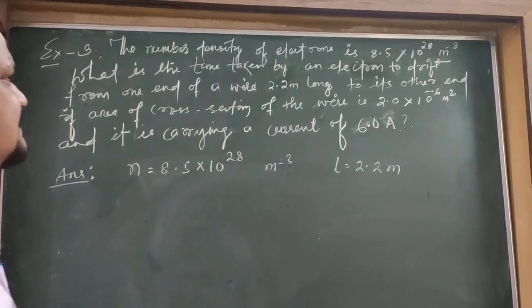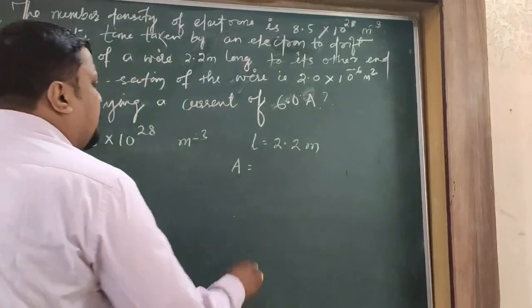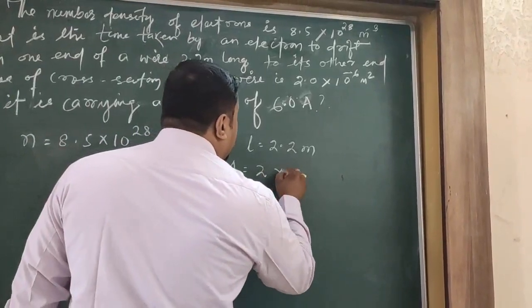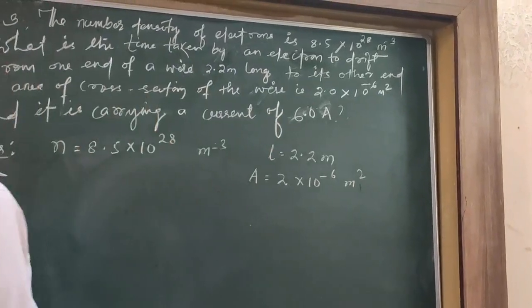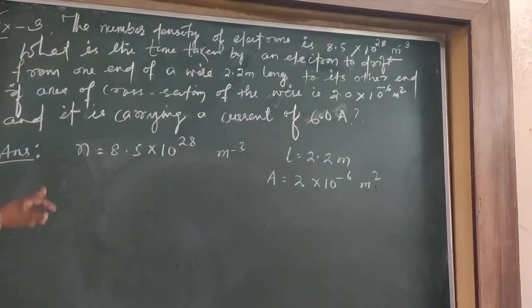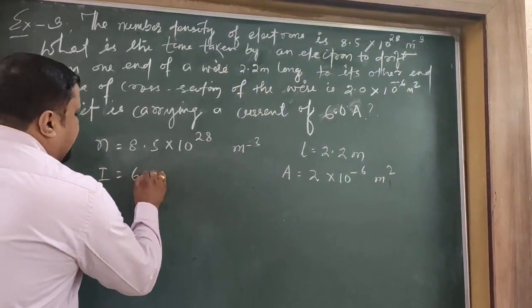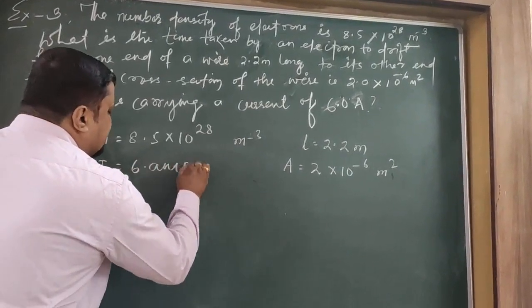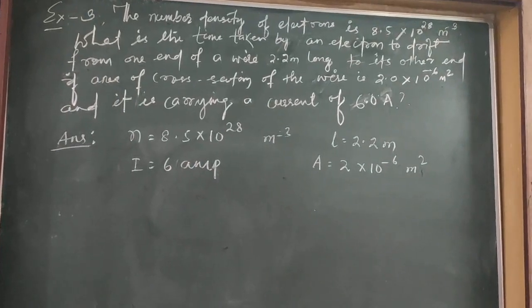The area of cross section A is given as 2 × 10^-6 meter square, and it is carrying a current I = 6 ampere. That is given in your question.